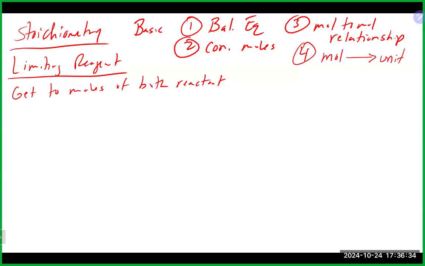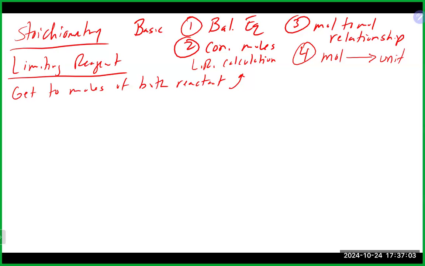One way is basically our sort of 4 steps above, but halfway through, you need to do a limiting reagent calculation to determine which of those guys are the limiting reagent. In this sort of method, like we talked about, essentially, you're just going to do a very simple calculation between the 2 reactants, and you're going to figure out if you want to use up all of one of the reactants, how much of the other one would you need?